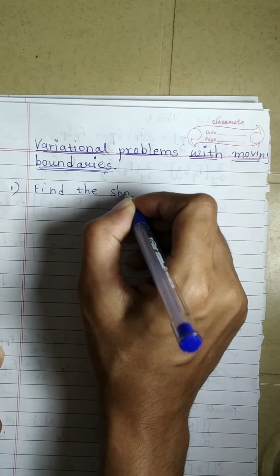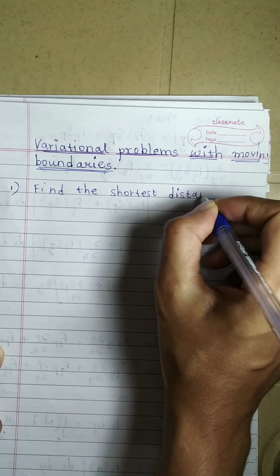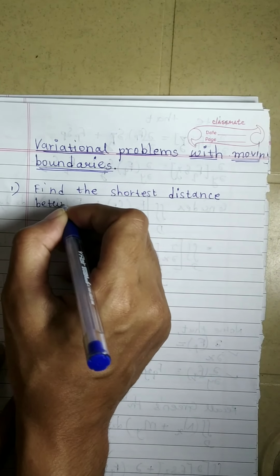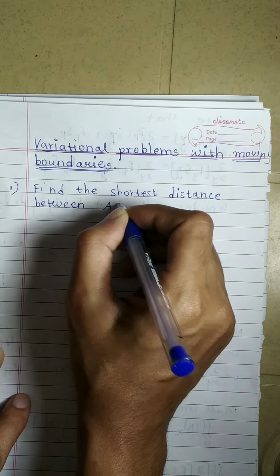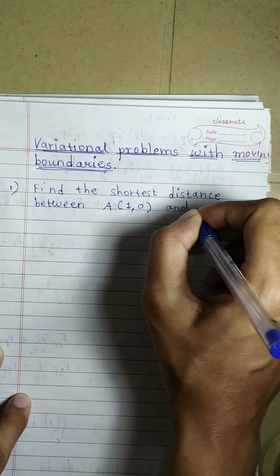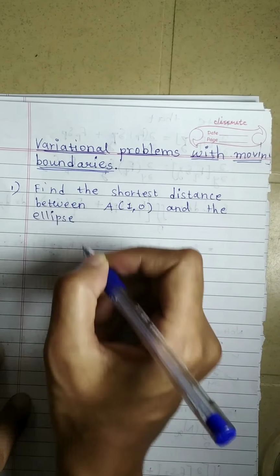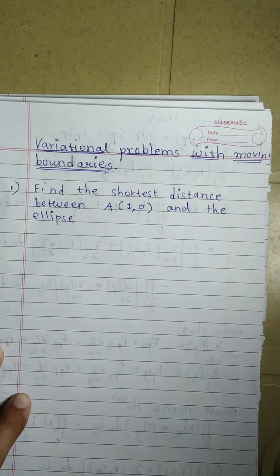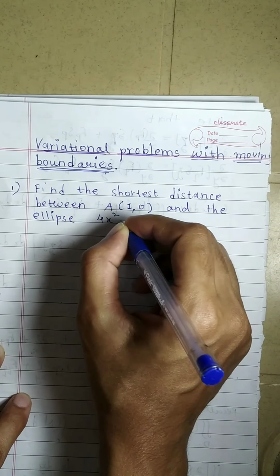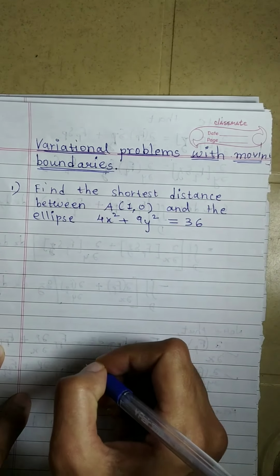Find the shortest distance between the point (1, 0) and the ellipse 4x square plus 9y square equal to 36.